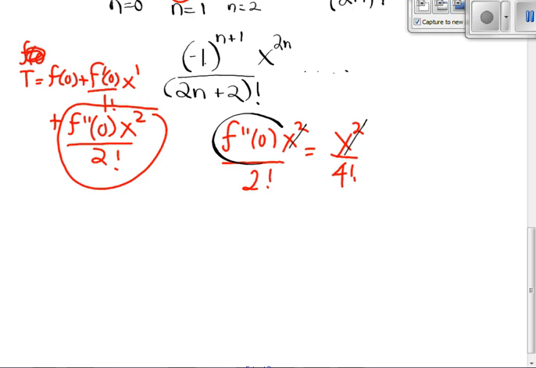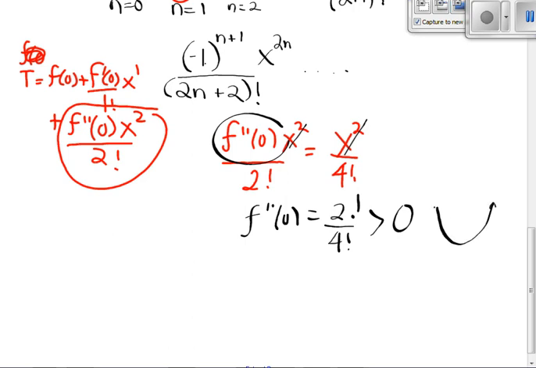Solve for f double prime of 0, which is equal to 2 factorial over 4 factorial. Clearly positive. If it's 0, we'd know nothing. And it's positive, that means my function is concave up. Apply the second derivative test, and so therefore it is a minimum.